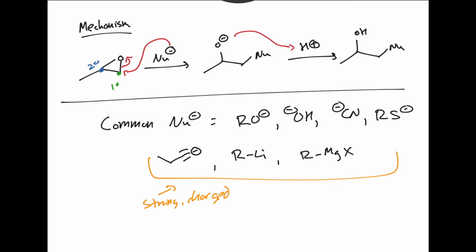The outliers, the weirdos, are amines. We can use primary and secondary amines. They're not charged. Amines are inherently basic, and so you're adding them under basic conditions.